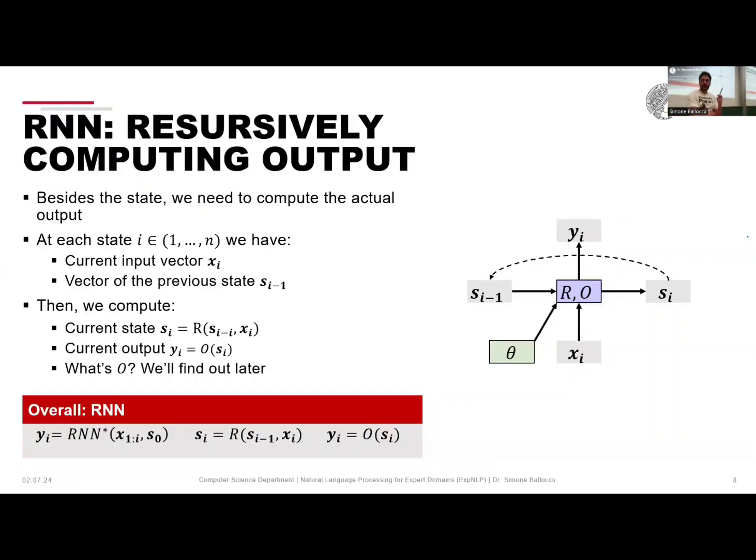It's not Markovian because the Markovian assumption we have in the previous model is that word 10 depends on the 3 previous words. So word 9, 8, 7, okay? This is not S i minus k, it is always the previous one. So I will calculate the first one, then the second one, then the third one, then the fourth one, and the state gets increasingly accumulated by the processing of all these.